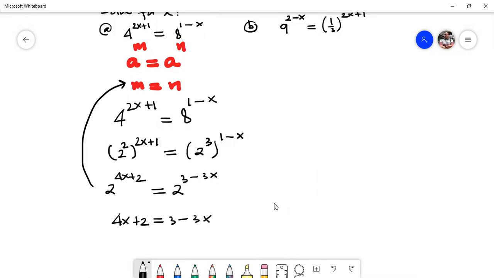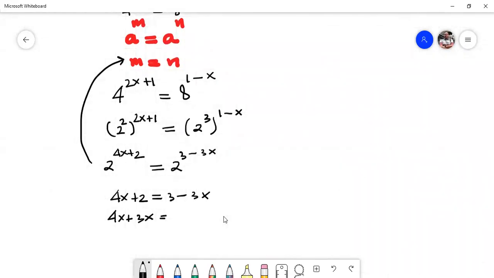And then put the terms with variable together and the constants together. So this one, 4x plus 3x. Why does this become positive? Because I transfer it; here it was negative. Since we transfer this to the left hand side, it becomes positive, and then the constant 3 minus 2.